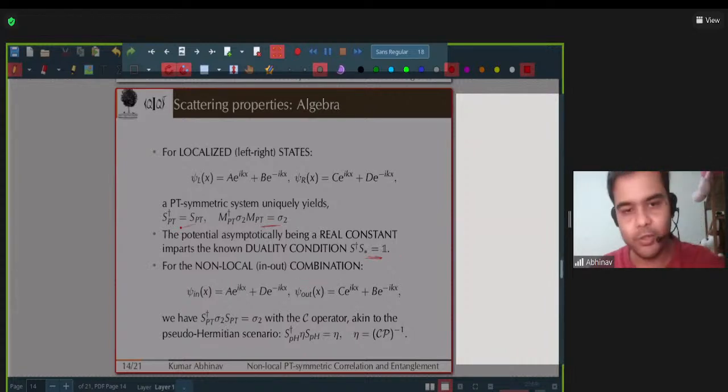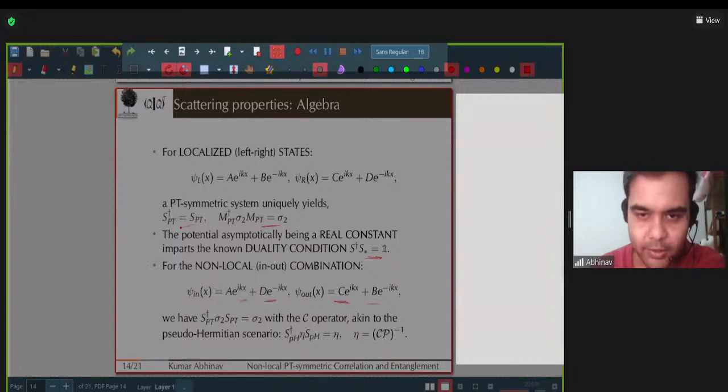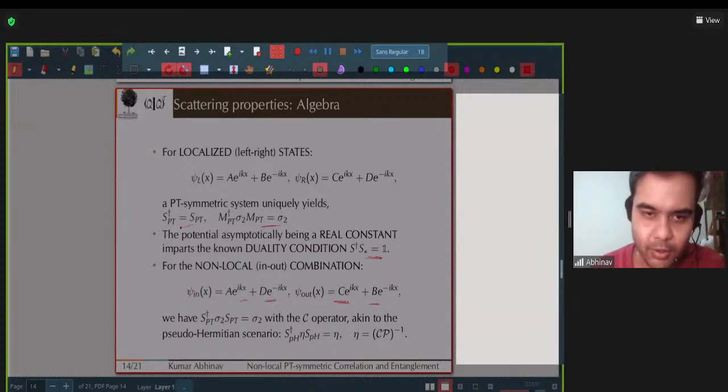But most interesting is if you take the states to be non-local, where one state is from the left and the other from the right, the so-called in states, and the out states are also from left and right. In that case, the scattering matrix satisfies a condition like this: it is definitely not unitary, and not Hermitian either, but it sandwiches the second Pauli matrix, which is like a charge conjugation operator.